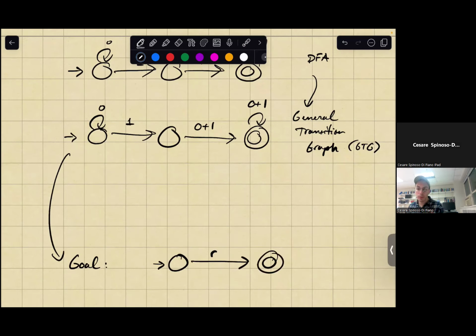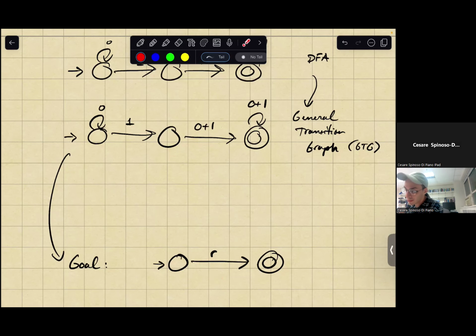So that's the goal, right? So what I need to do is eliminate states that are kind of in the way. I need to eliminate intermediate states. But of course, when I eliminate the states, I have to preserve the information, right?